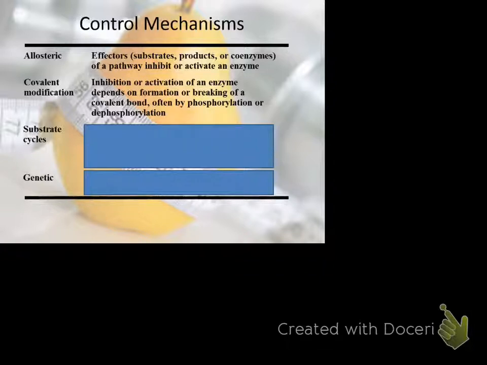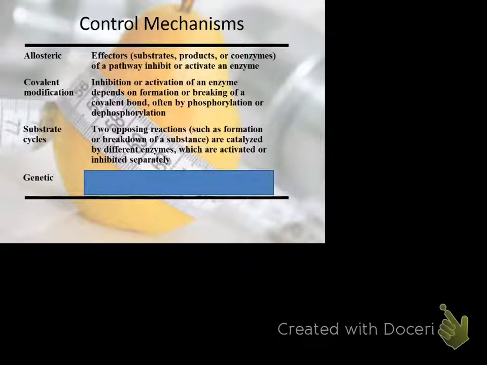This happens when you've got common metabolites in the metabolic pathways, but they use different enzymes, or maybe even multiple different steps, in order to do the reverse reactions. So you have these two opposing ones that are used by different enzymes or different steps, and you can activate or inhibit them separately.